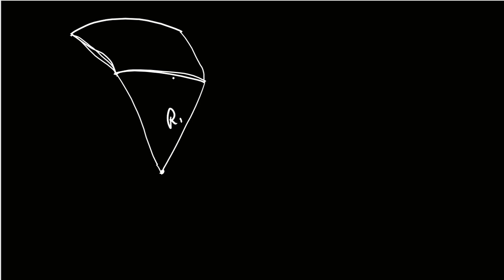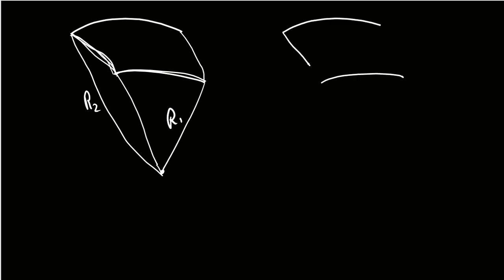So for this edge, the radius of curvature is R1. Now there will be one more radius of curvature for this part too, and suppose that is R2. So the radius of curvature for this edge is R1 and for this edge is R2. Now if I give you one more surface like here, this time this is a straight line.